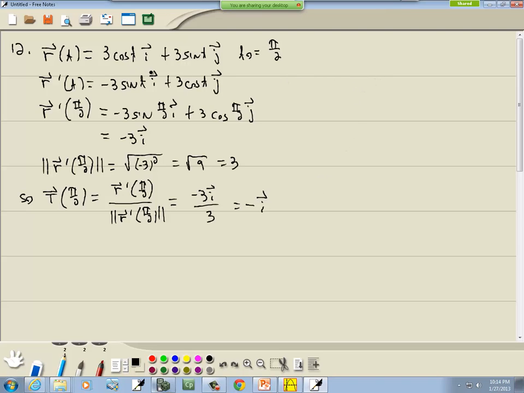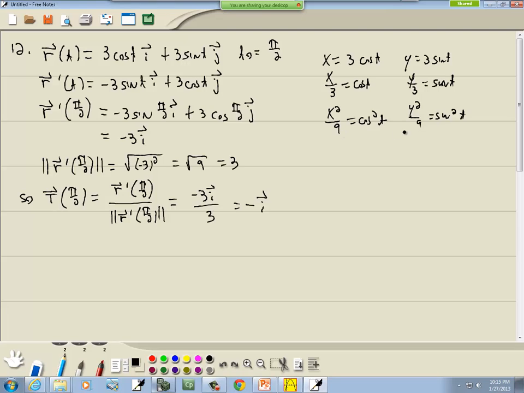Yeah, see, I probably don't even need to, I could probably do this. x is equal to 3 cosine t, y is equal to 3 sine t. Divide both sides by 3, we get x over 3 is equal to cosine t. y over 3 is equal to sine t. Square both sides, so we get x squared over 9 is equal to cosine squared, and y squared over 9 is equal to sine squared.